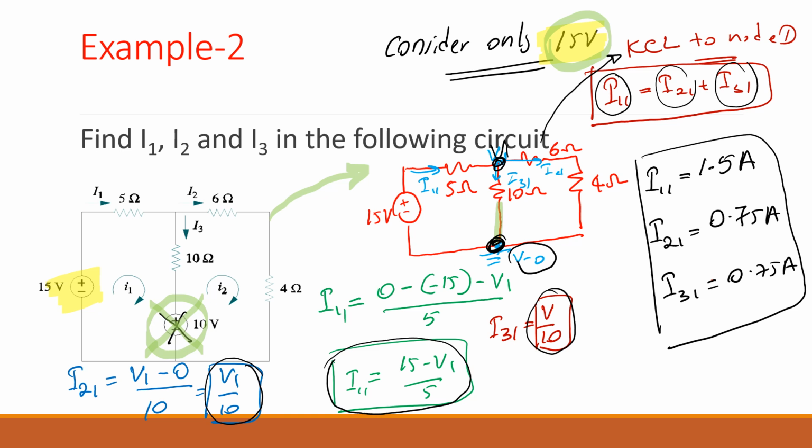Are we good? Any question up to here? If you have done up to here, while others finish, you can consider just the 10 and ignore the 15. Okay, redraw the circuit only considering 10 volts. Okay, you have finished as well, right? So you can consider just the 10 and ignore the 15 and do the same thing.